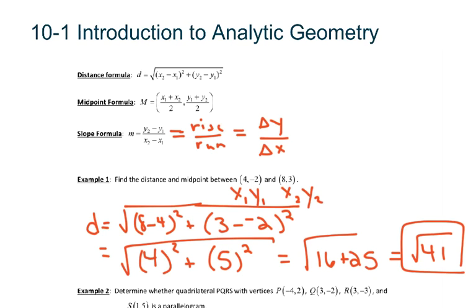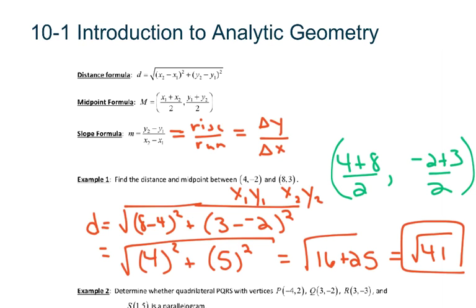The midpoint, the point that's directly between those two ordered pairs, can be found by adding the x's and dividing by 2, and adding the y's and dividing by 2. And the midpoint is going to be an ordered pair. So 8 plus 4 is 12. 12 over 2 is 6.